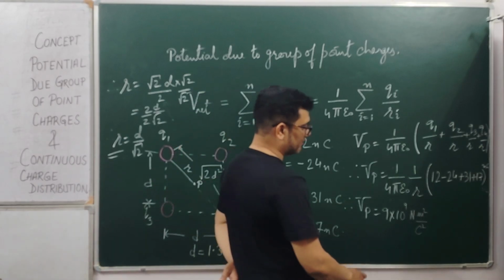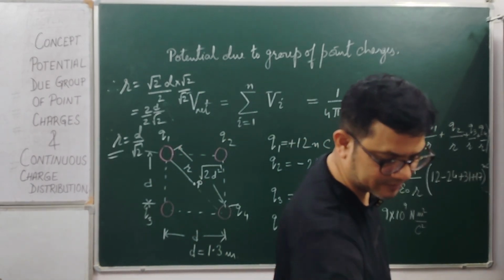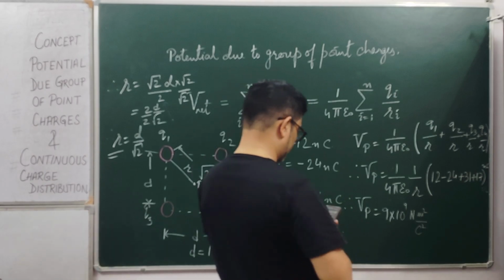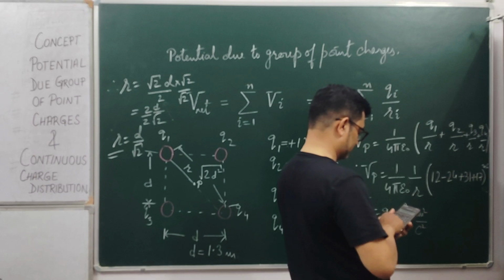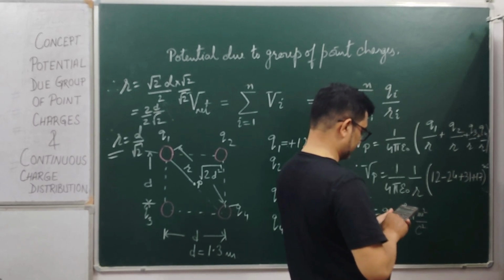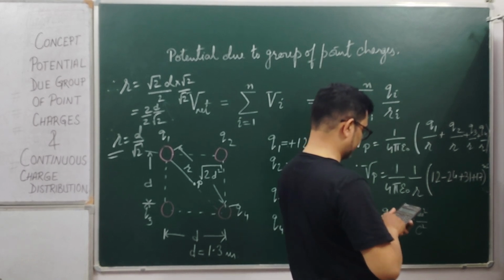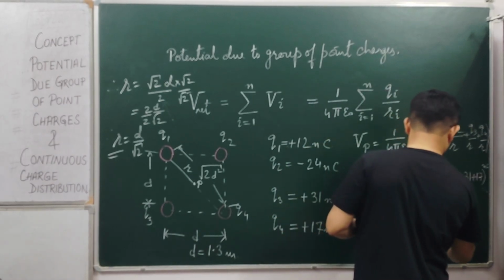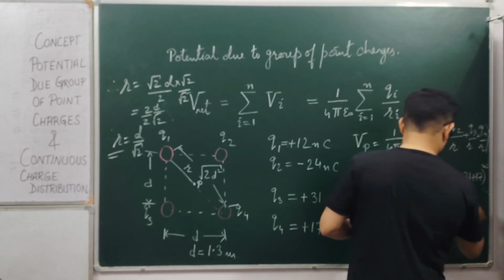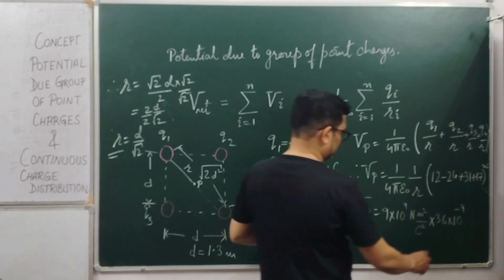Now if you add up, let's take the help of a calculator, 31 plus 17 minus 24 comes out to be 36. Nanocoulomb means 10 raised to the power minus 9, so it will be in coulombs now.